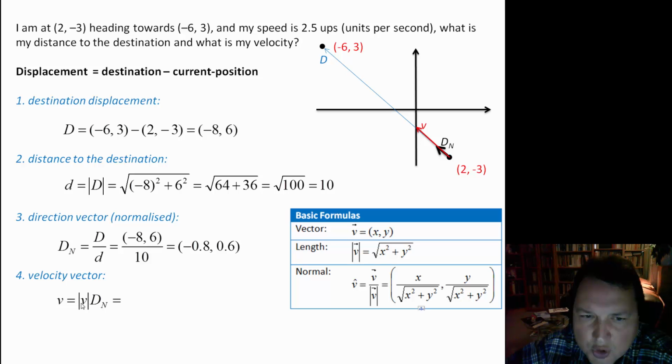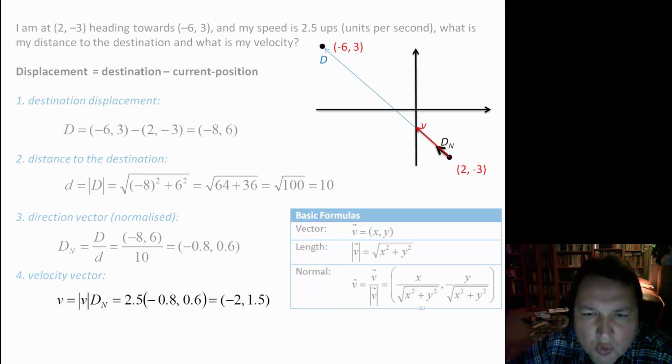That's the numerical value of the velocity. It's called speed. So my speed has been defined as 2.5 units per second, and my direction vector has been calculated here. So velocity is the result of this vector calculation, and after multiplications it's -2, 1.5.